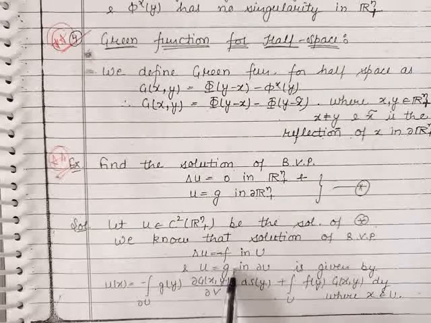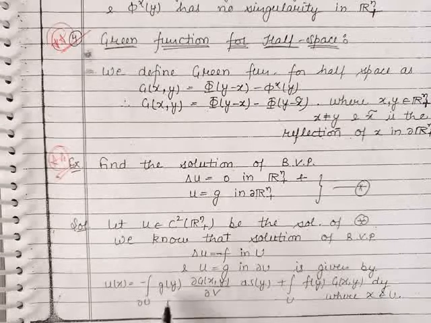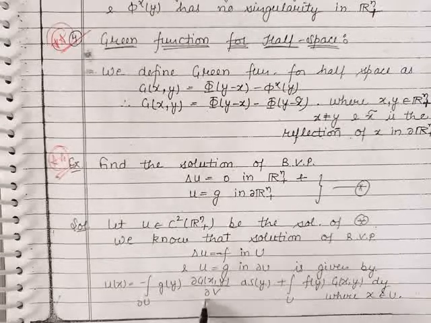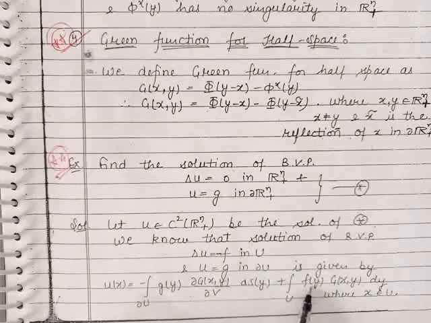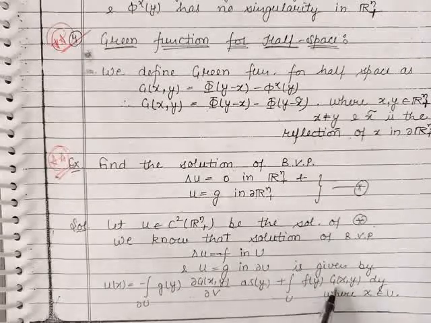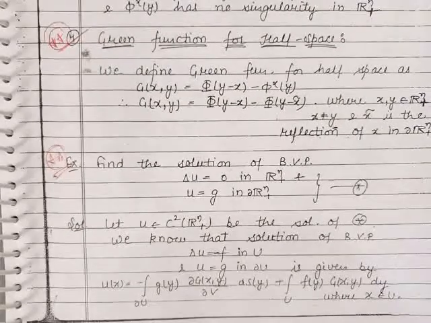In the previous article, we obtained the solution of this problem, which is given by minus integral over boundary of U g into curl G by curl nu plus integral over the set U f of y into the Green's function G. Here the point x belongs to the set U.